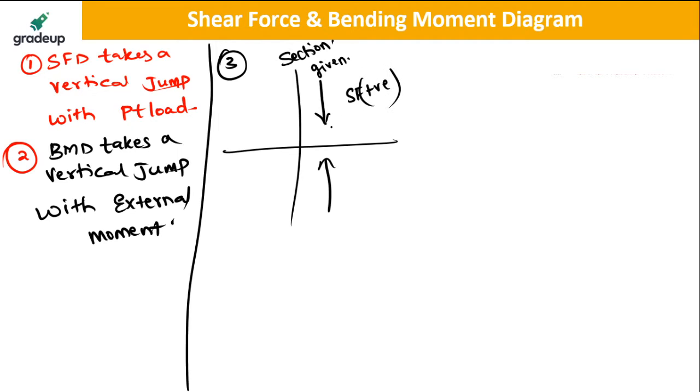downward shear force is positive, and the shear force is negative. Means whatever is given, opposite to the engineering mechanics convention, opposite to given is shear force.